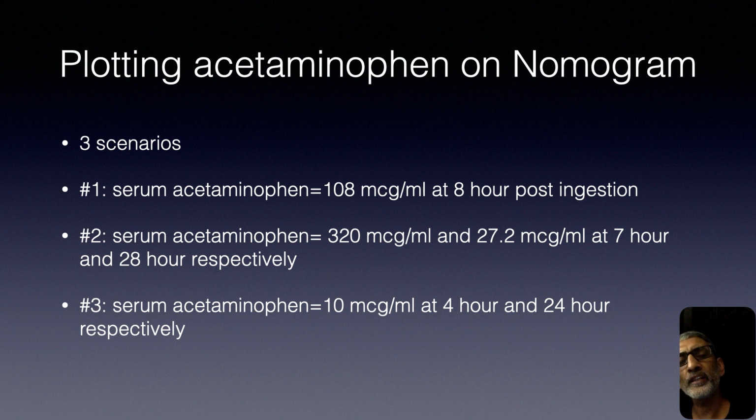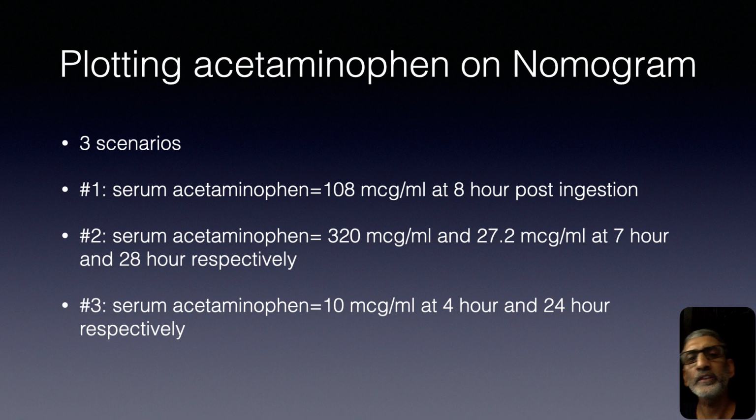Now, we shall discuss three different scenarios based upon the acetaminophen concentration drawn at various times, and based upon those, is the patient supposed to get the acetadote, yes or no? We'll discuss these in terms of a graph.